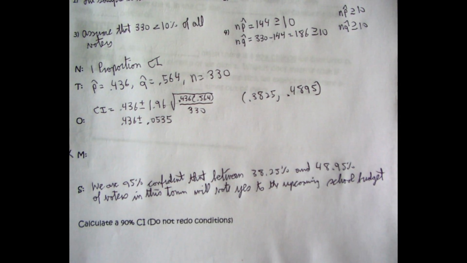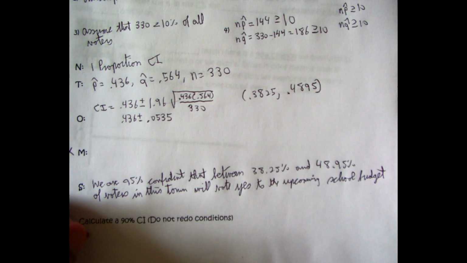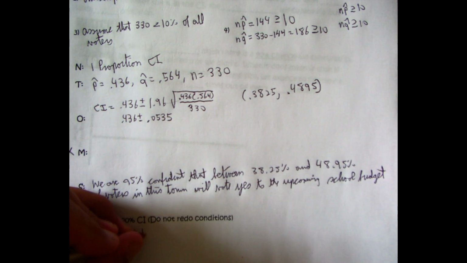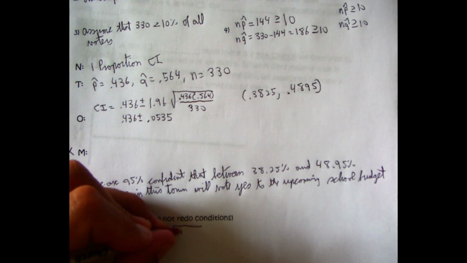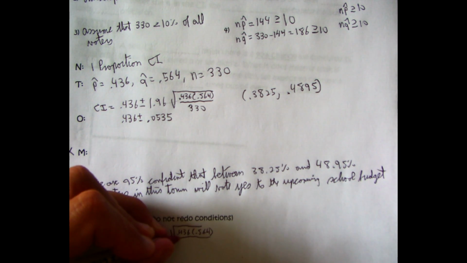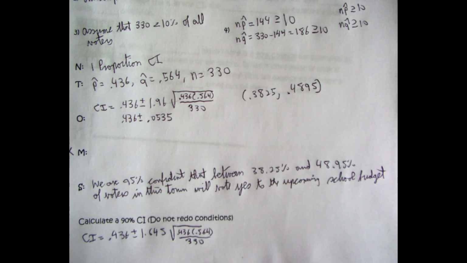So what would happen if we did a 90% confidence interval? Well, we would just take this formula, our confidence interval formula, and instead of 1.96, we would use 1.645. Okay? And I am going to do this out because I want to show you something. Okay.